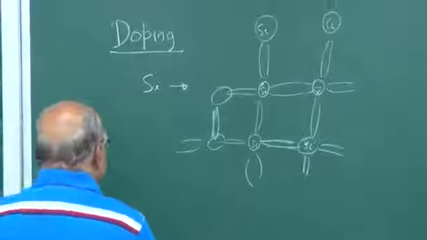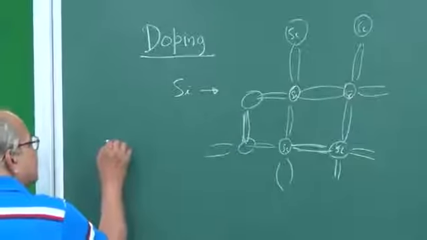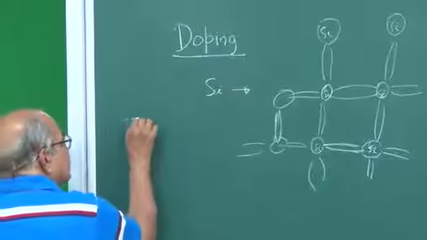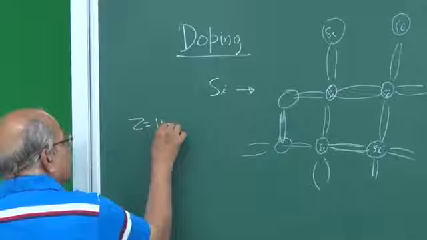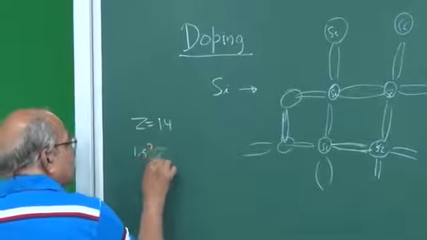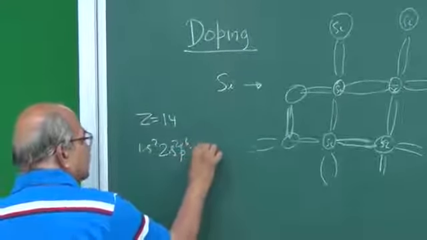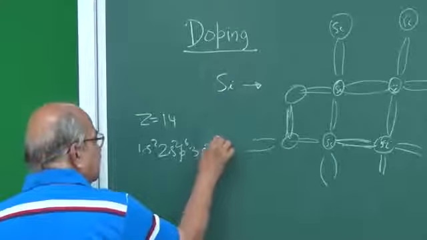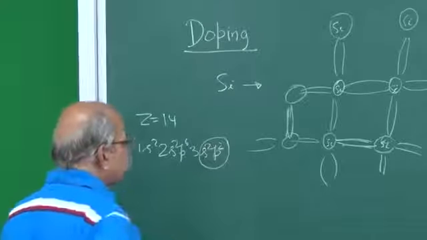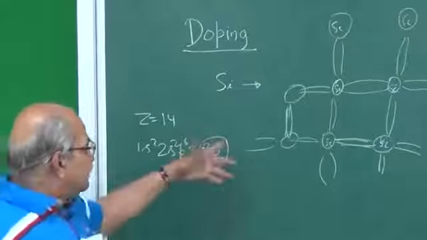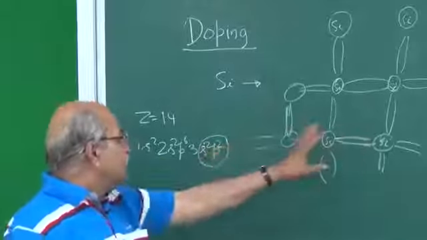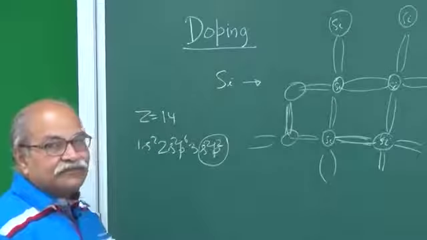The electronic configuration, Z equal to 14, is 1s2, 2s2 2p6 and then 3s2 3p2. So these 4 electrons go in this sp3 bonding in this structure.